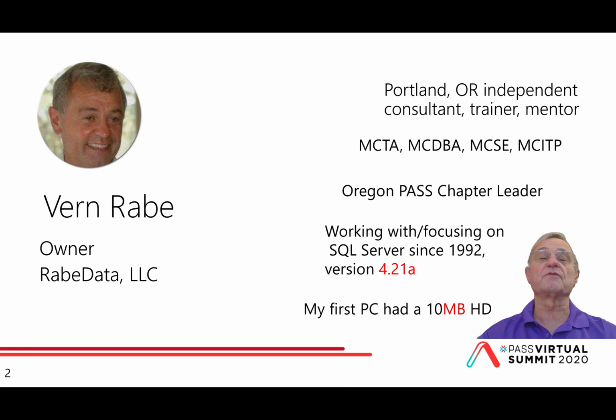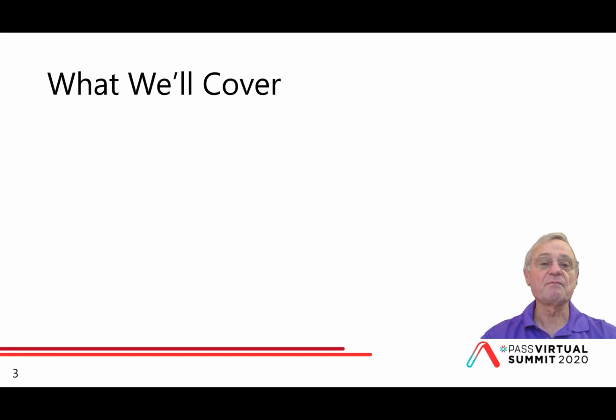And I started with version 4.21a, which I doubt if any of you are familiar with, but it crashed a lot. This is back before it was really enterprise ready. Still an amazing piece of software, but it's made so much progress over the years. And the other thing is that my first PC had a 10 megabyte hard drive, not gigabyte, megabyte. And that just, again, points out how old I am.